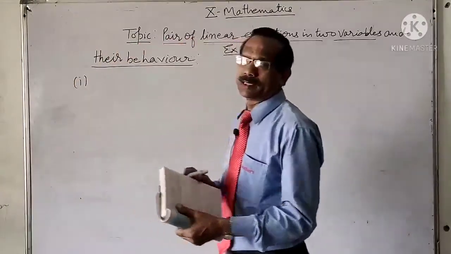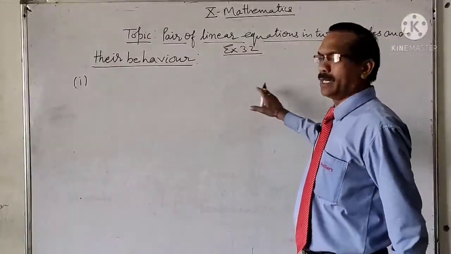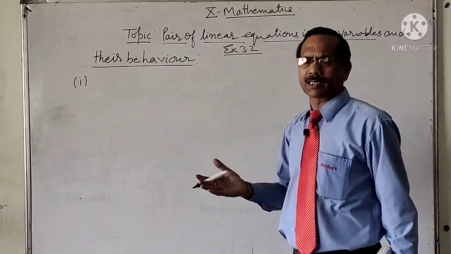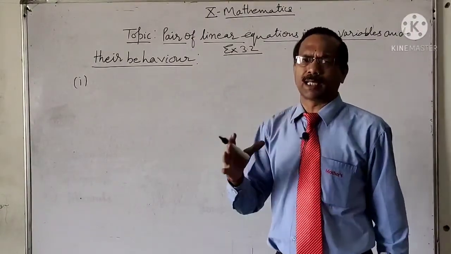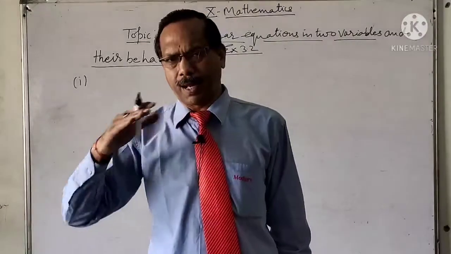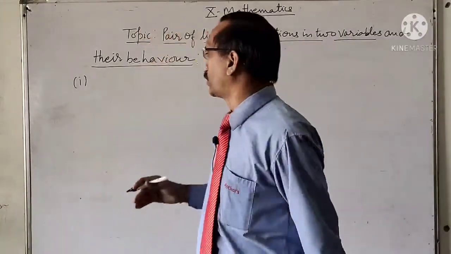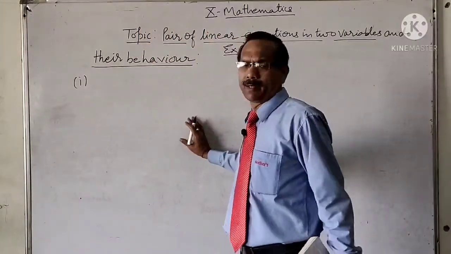Student, two lines may intersect or not intersect. If lines are not intersecting, then either they are parallel or coincident. So we will see all the cases one by one.